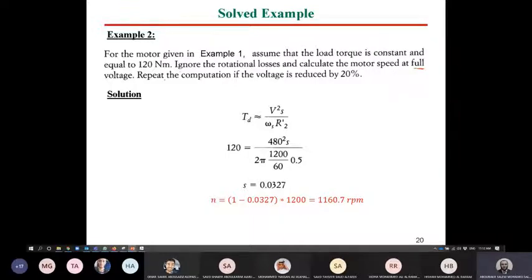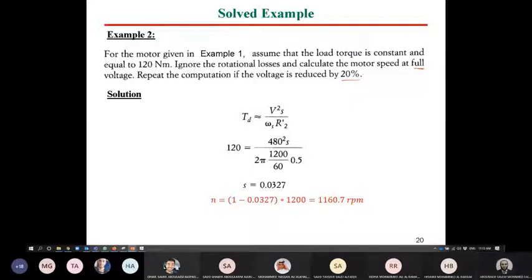Then repeat the computation if the voltage is reduced by 20%. So now we are going to find the performance at full voltage, then we will reduce the voltage by 20% and record our performance. Here, we need only to see what will happen to the speed.